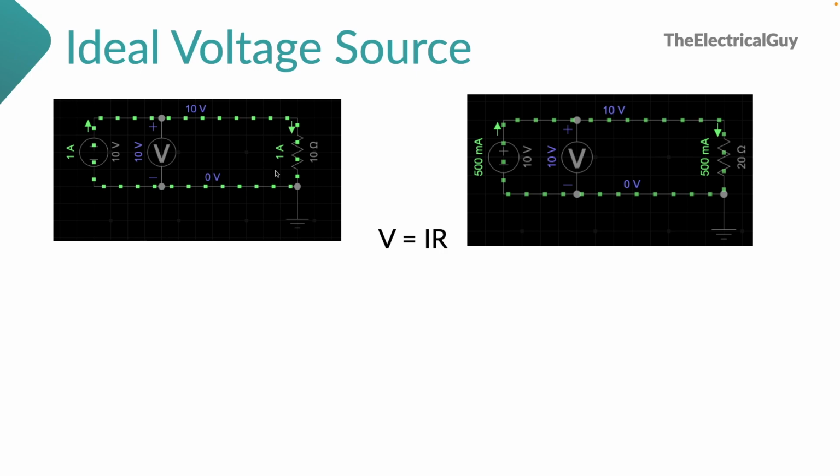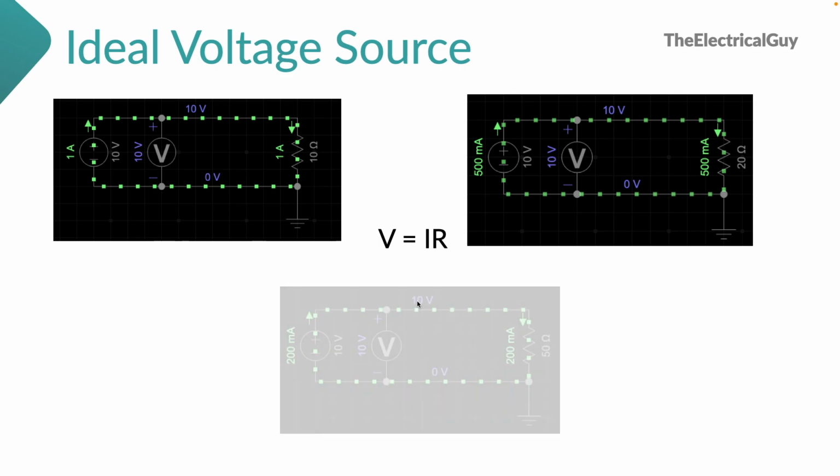You can see initially the current was 1 ampere, but when we increased the load to 20 ohms, the current dropped to 500 milliampere. The current became 50%, right? And if you multiply 500 milliampere into 20 ohms, you will get 10 volts as the voltage. And that is our terminal voltage. So understood how voltage is kept constant there by adjusting the current.